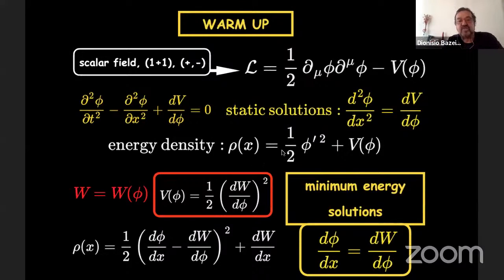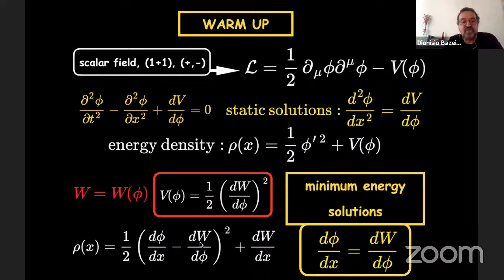If I do this, then I can rewrite the energy density in this form. As I complete the square, the square of d phi dx is this part of the energy density. The square of the second part is this part for V given in this form.